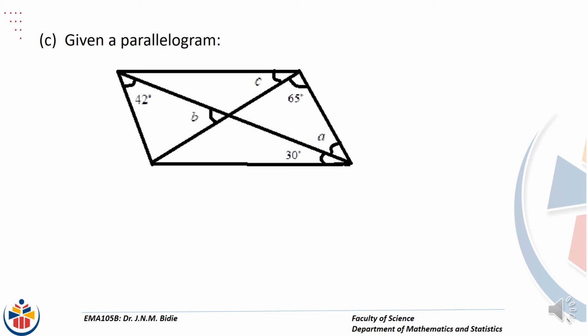We're given a parallelogram and we're supposed to look for the values of A, B, and C. So I'll just quickly indicate once again, so that whatever happens, I'm able to identify what I have and what I do not have, and what I can use to assist me in the solution for the given angles.